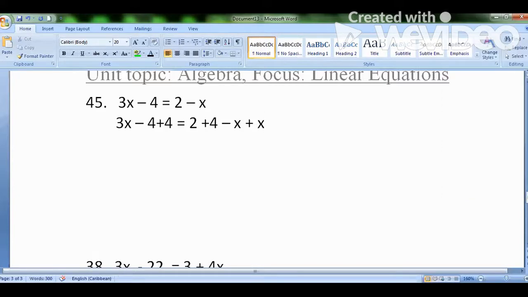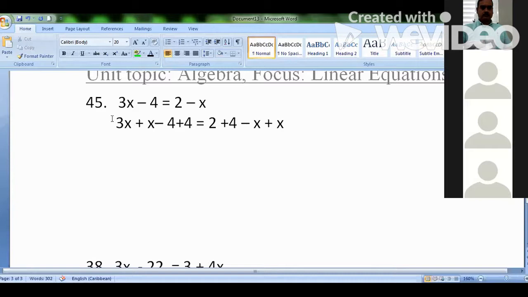So if you add the x on the right, you're going to add it to the left. So plus x on the left, plus x on the right. Very good. So right away, I have 4x, because 3x plus 1x gives you what? 4x equals 6.